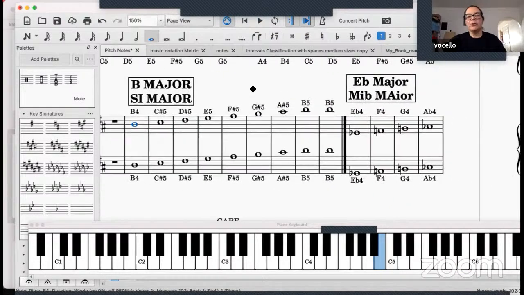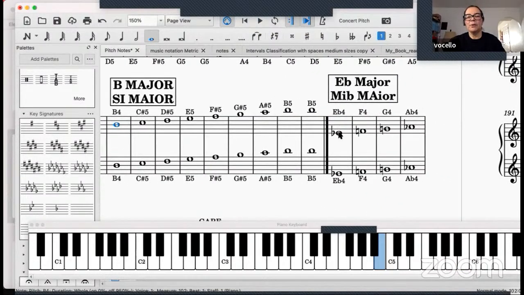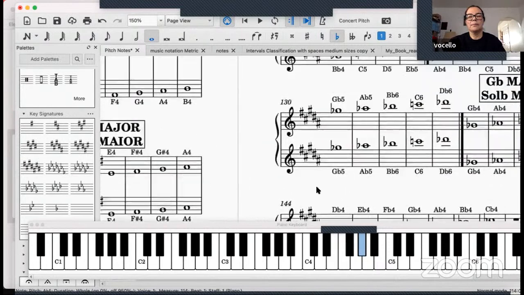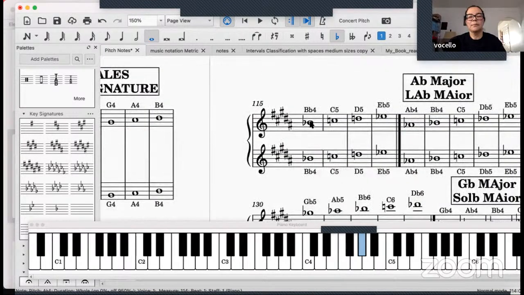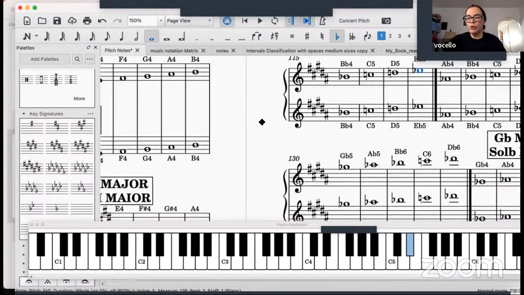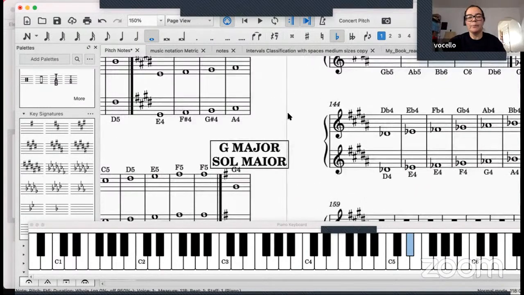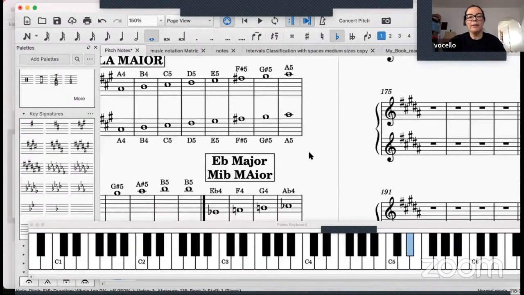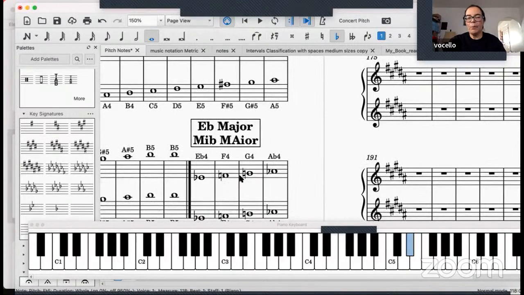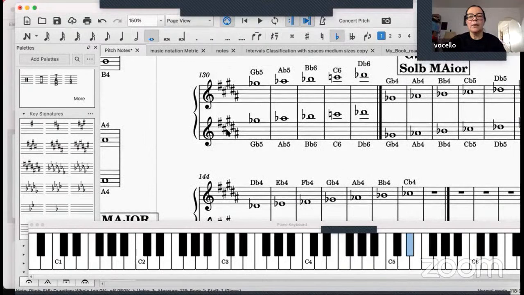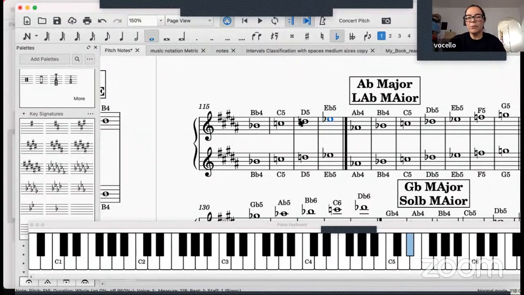Okay, now let's change to E flat major. It must follow that pattern: 2 whole steps, 1 half step, 3 whole steps, and 1 half step. Let's see if we're going to follow that. 1, 2 whole steps, 1 half step, 1, 2, 3 whole steps, 1 half step.